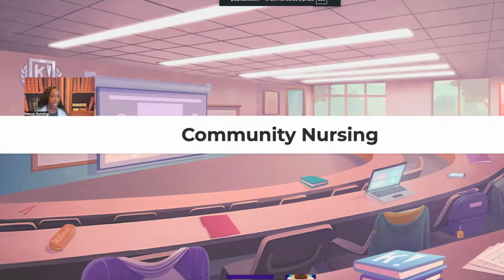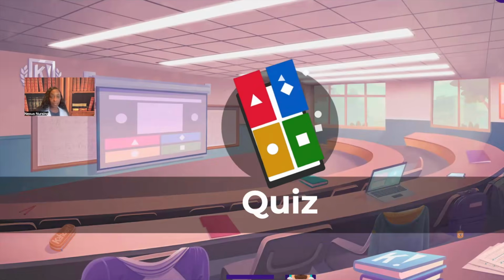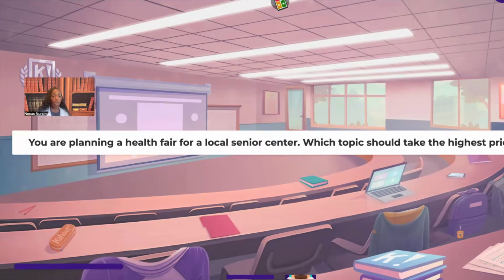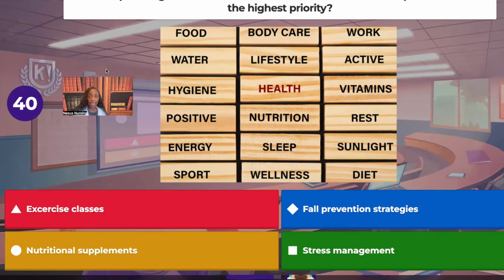Community health nursing. First question. You're planning a health fair for a local senior center. Which topic should be highest priority? Here are your options: exercise classes, fall prevention strategies, nutritional supplements, or stress management.